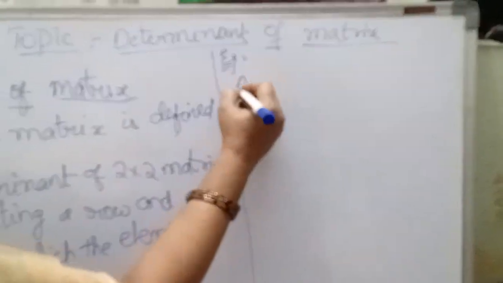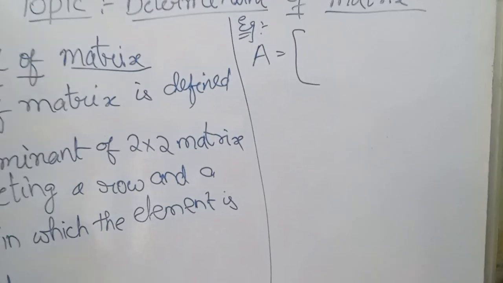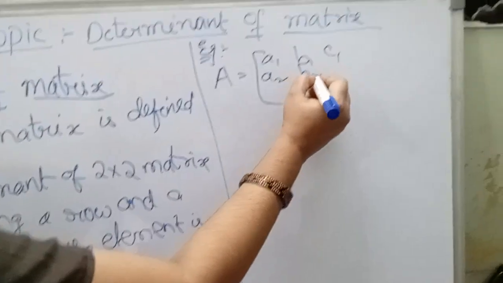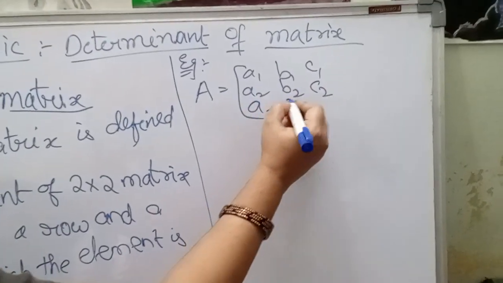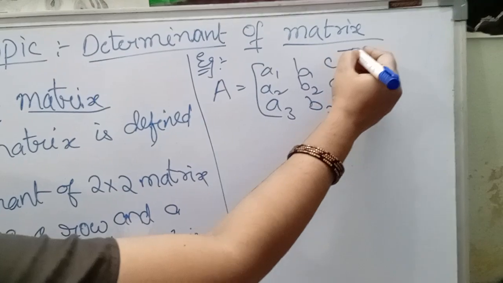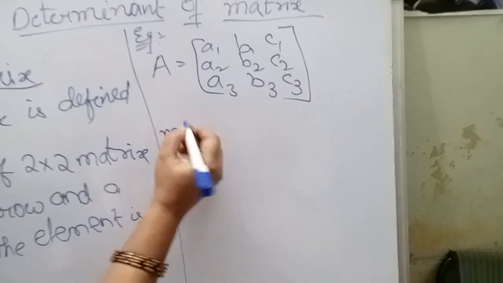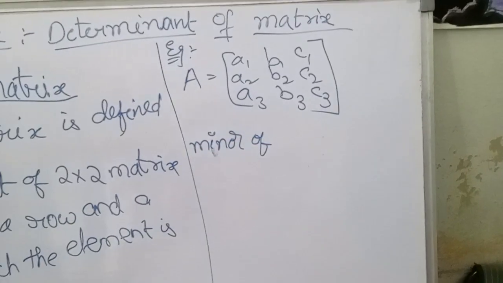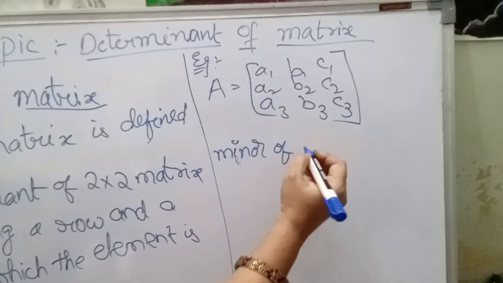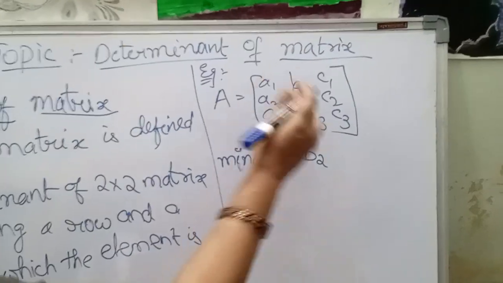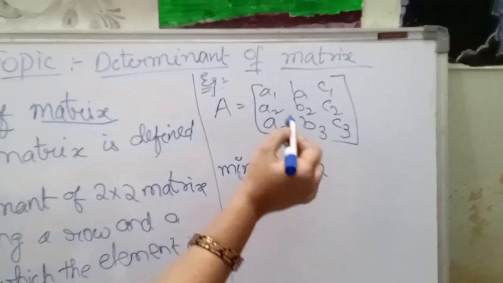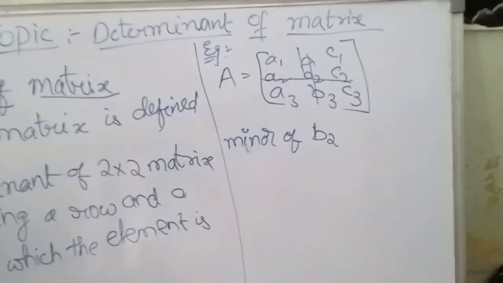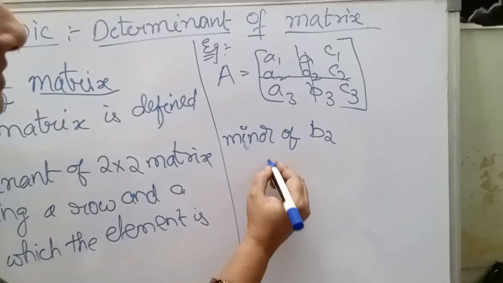Example: let us take A equal to a1, b1, c1, a2, b2, c2, a3, b3, c3. Now the minor of b2: this row and this column must be deleted.